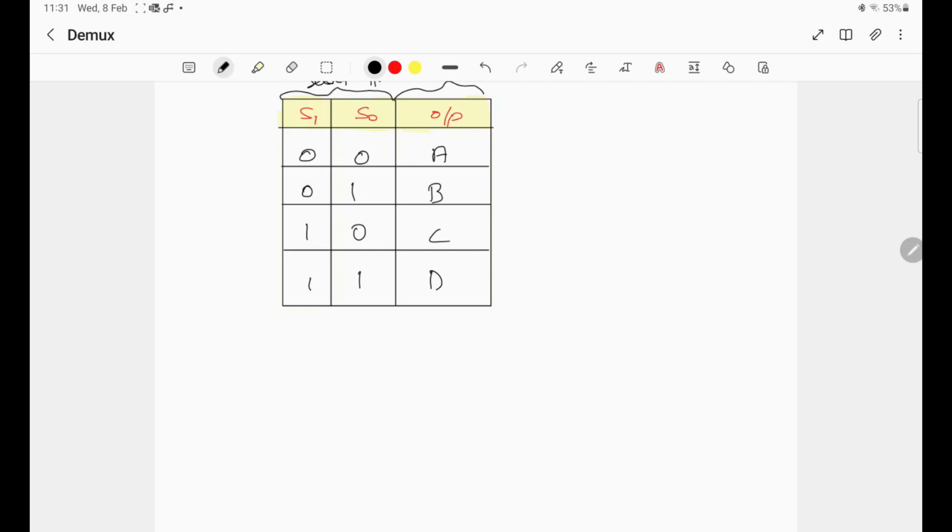Now we will write the Boolean expression or logic expression. Output is represented as Y. Output Y is equal to, we will get the output in A only if S1 equals 0 and S0 equals 0.